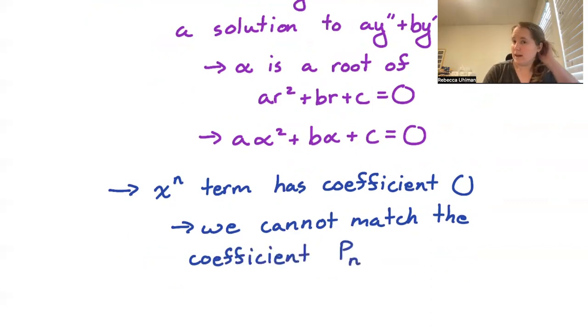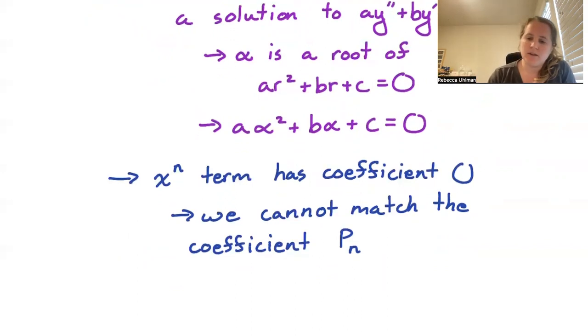So in order to account for the fact that we lose our highest degree, the trick is to just raise the degree of every term of our guess.